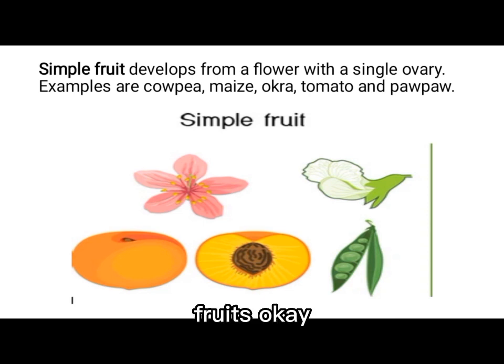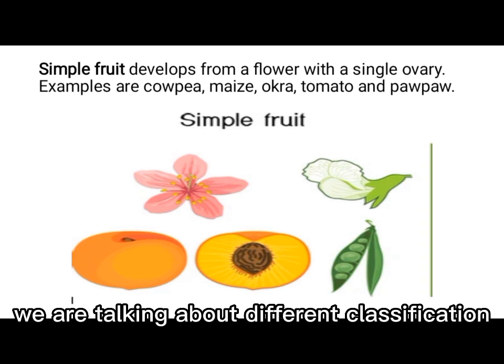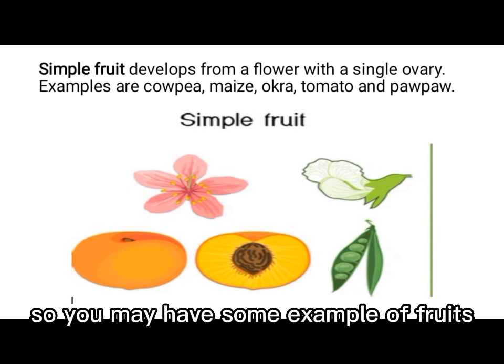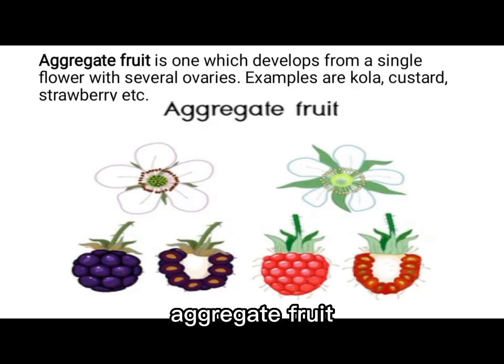Examples are pawpaw, tomato, okra, and so on. Don't forget we are talking about different classifications, so you may have some examples of fruits that are simple and also true fruits. You understand?